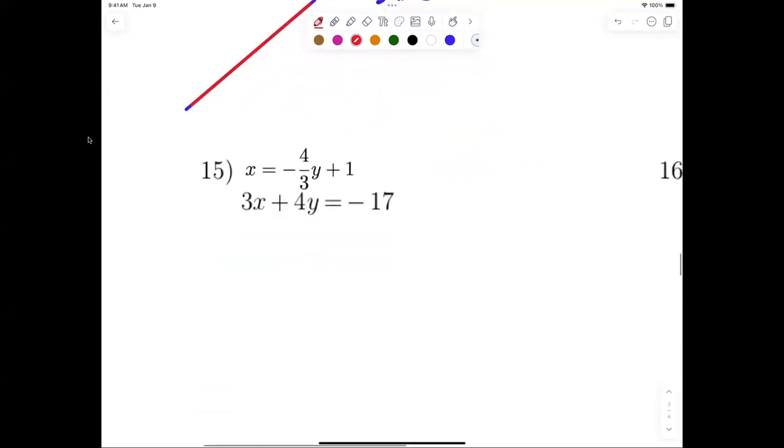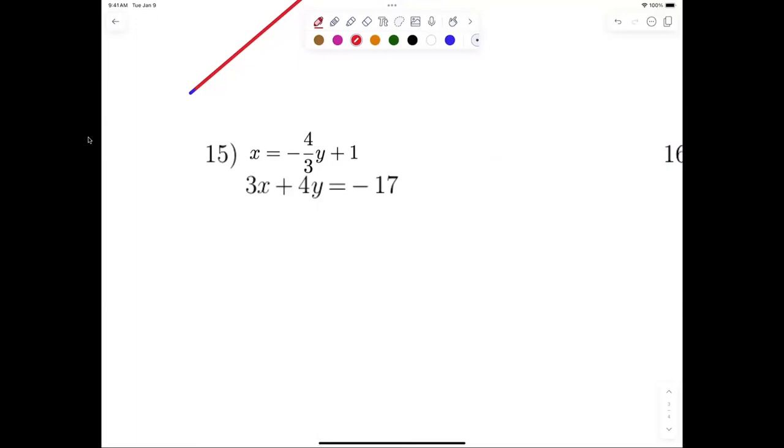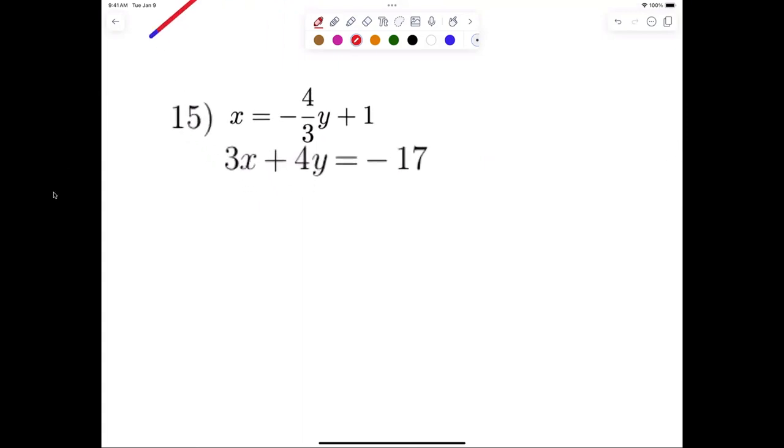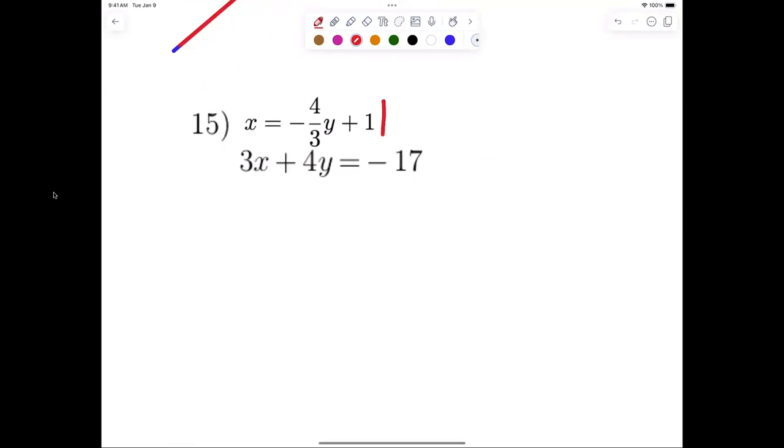All right, let's check out a fraction now. Everybody take a look at 15. What does x equal? -4y plus 1. Okay, so let's plug it in. 3 parentheses.